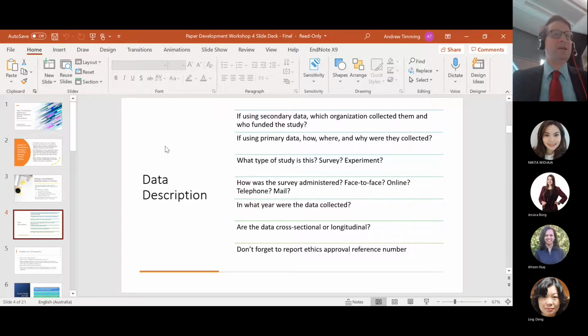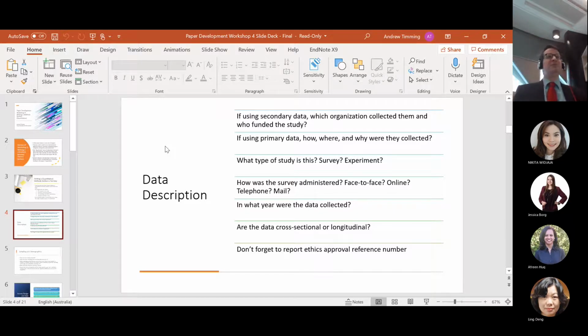Okay, so I mentioned in the previous slide that the first thing you need to do in a quantitative methods section is to write up and describe the data that you've used in order to conduct your analyses.